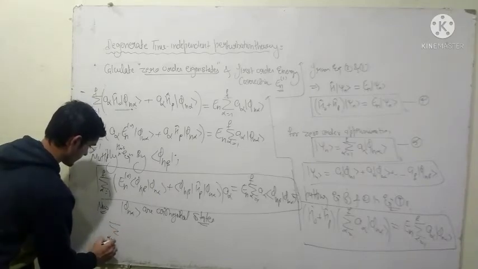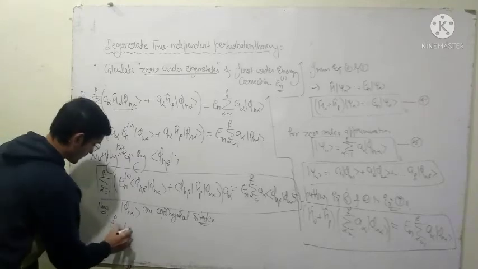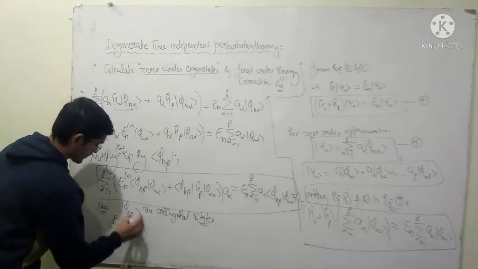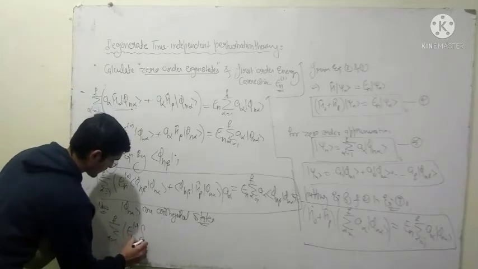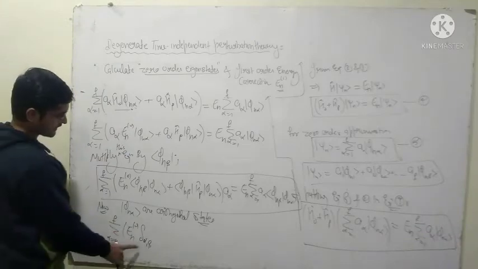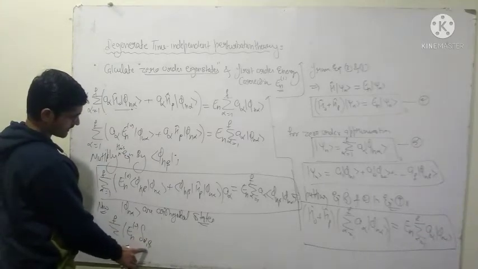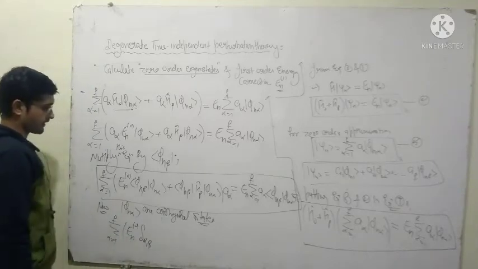You have studied the Kronecker delta: its value is 1 when the two indices are the same, and 0 when the two indices are different.